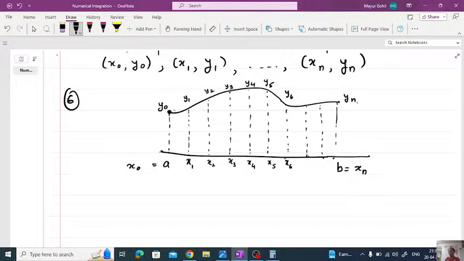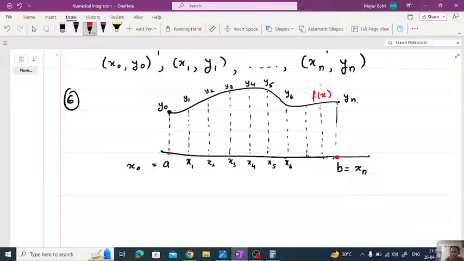Okay, I'll explain this again. There is this function, some arbitrary function f of x. The beginning point of the interval is x naught, and here is the ending point somewhere.